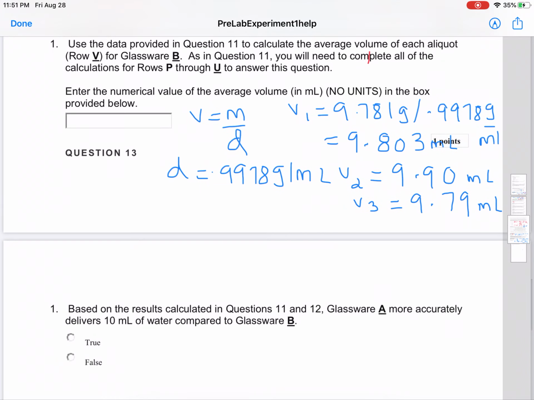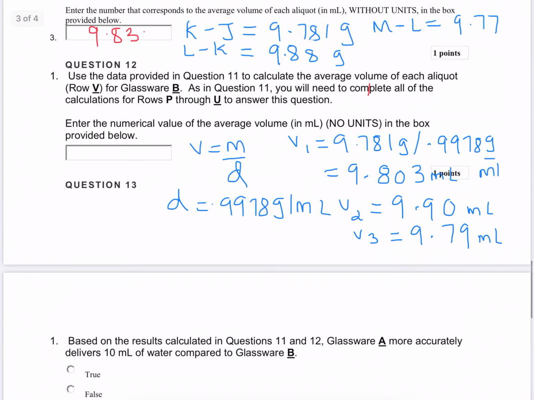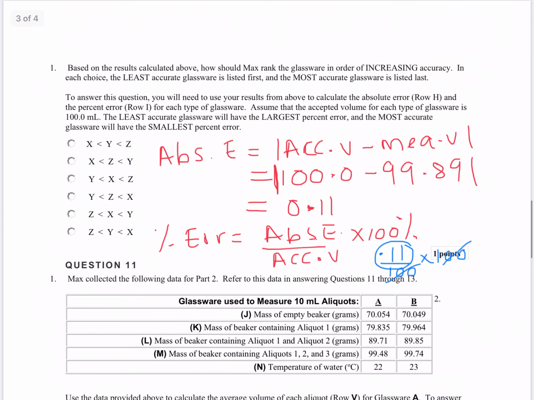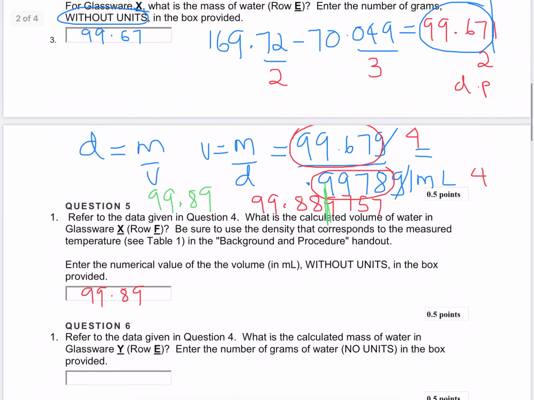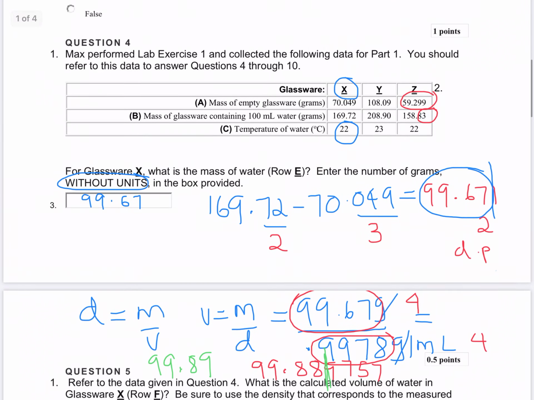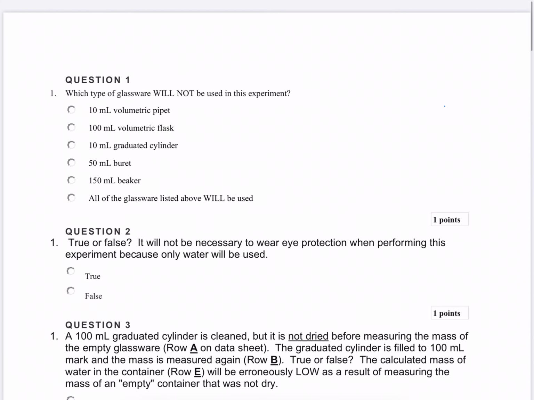Based on the results, glassware A more accurately delivers 10 milliliters of water compared to glassware B. So you have to find question 12 and then you can answer whether it is true or false. That's how you're going to perform your calculations for the pre-lab. I showed you how to do at least one, so you can do the rest.